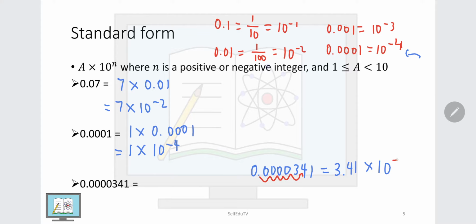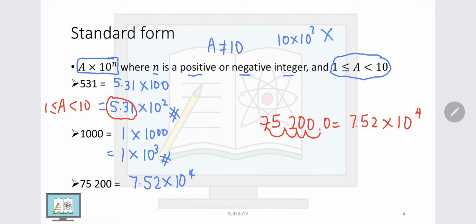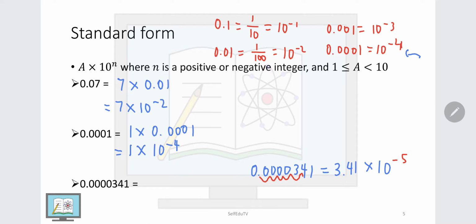So 10 to the power of negative 5. Why negative? Because we know that it's a small number. If the number is large, then the power will be positive. If the number is smaller than 1, then the power is negative.